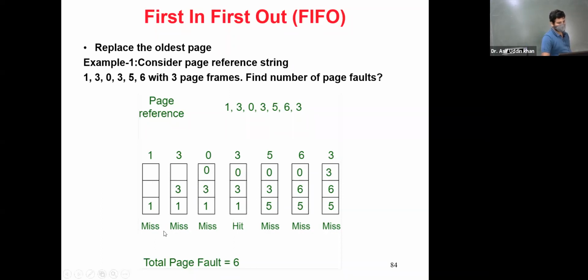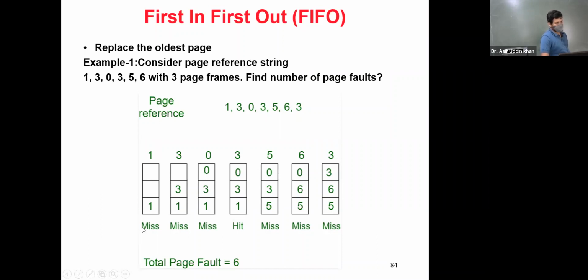That's why it is known as a miss. Miss means page fault, means the page is not present in the frame. Why is it not present? Initially all the frames are vacant, I told you. So here a page fault occurs, that is a miss. So what to do? You have to bring the page from the hard disk, that is from the virtual memory, and load it in the frame. So page number 1 is brought from the hard disk and loaded here.